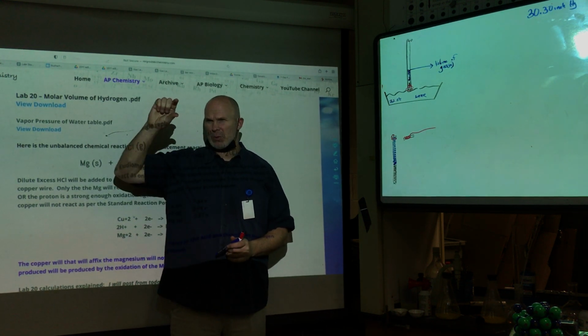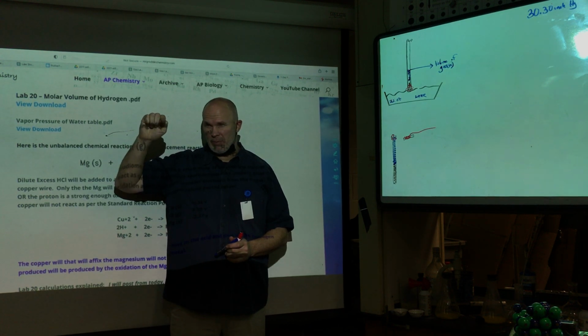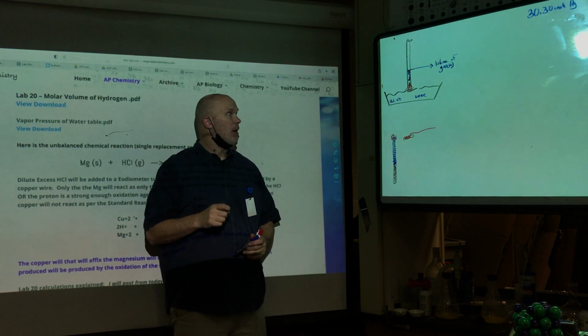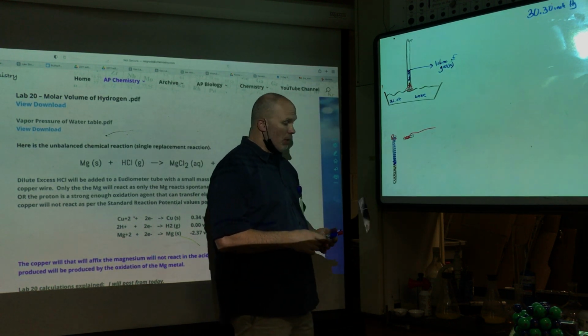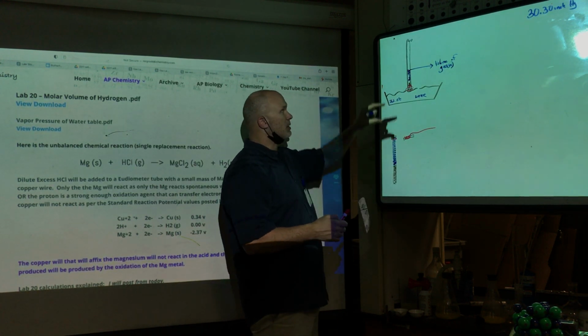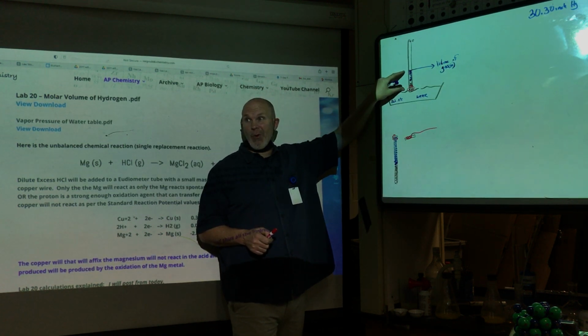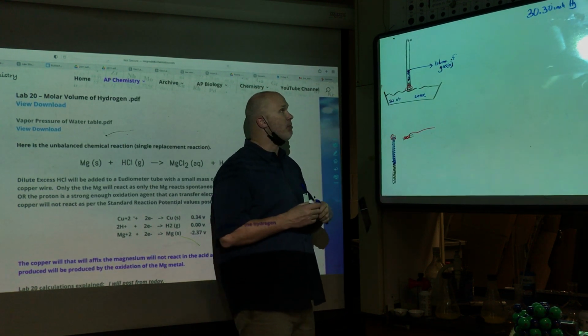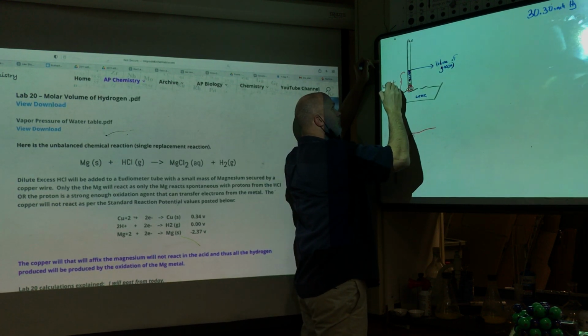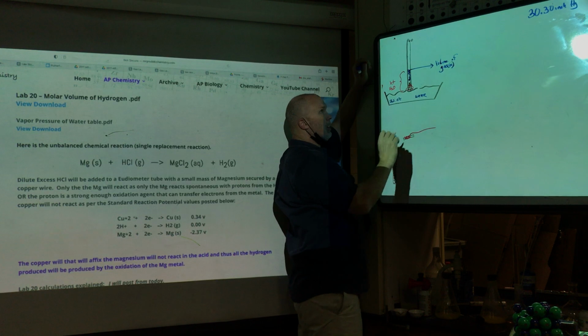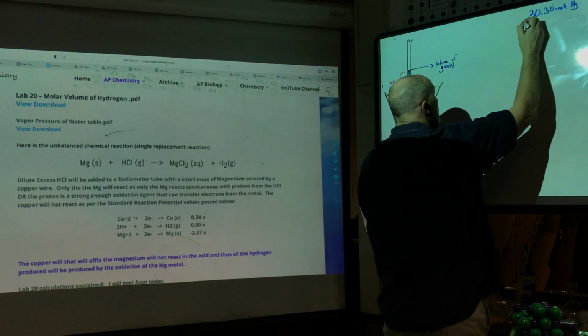I think the individual tenths are calibrated on that eudiometer tube, if I'm not mistaken. Any case, that's going to give me something in milliliters. Also I need, because guess what? We have a height of column of water. We have to measure this distance, this height of water.